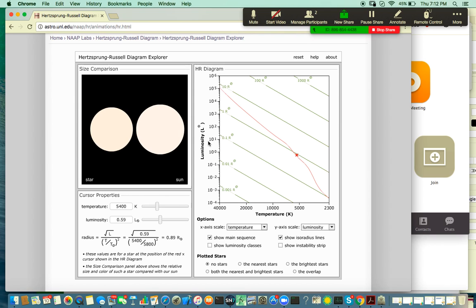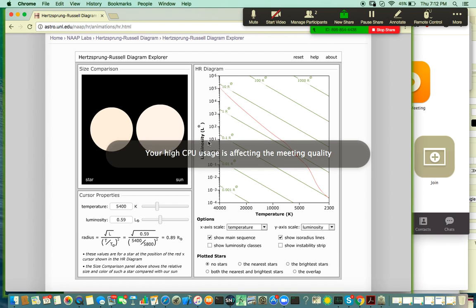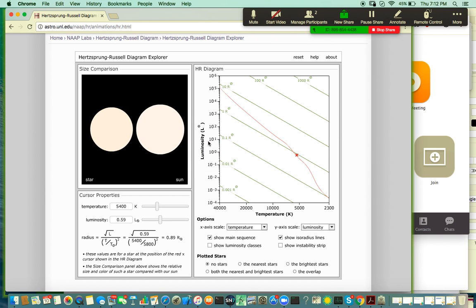How come I can't move the cursor? What's going on? Just a second. I think I have to power my tablet.